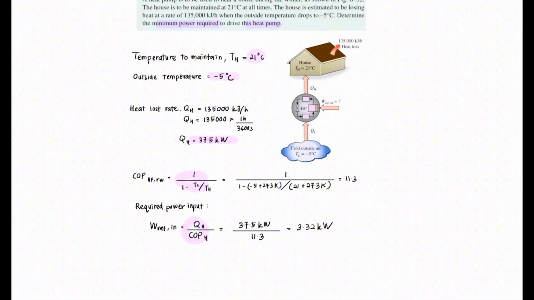We substitute the values, which is 37.5 kilowatt over 11.3, and the answer is 3.32 kilowatt. This is the power required to maintain the temperature of 21 degrees Celsius by the heat pump.